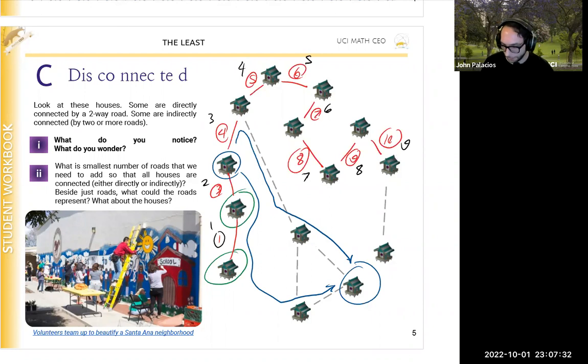Okay, so we've done that. So I think the least number of roads that we would need to connect each house in this town would be 9. Please check to see if you can find a lower number.